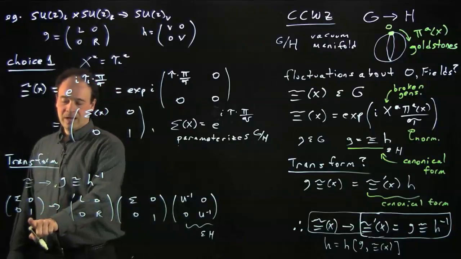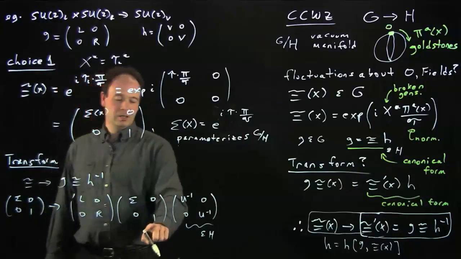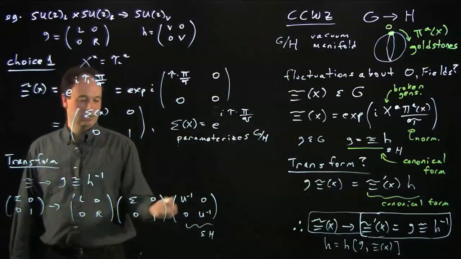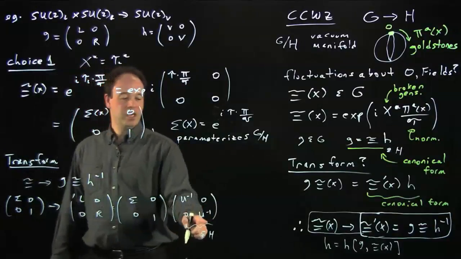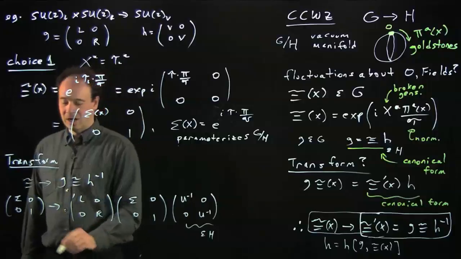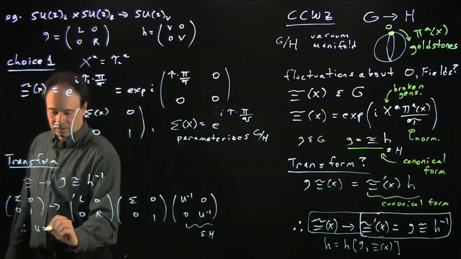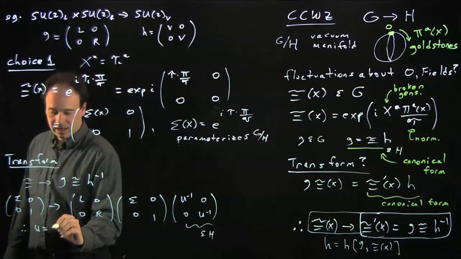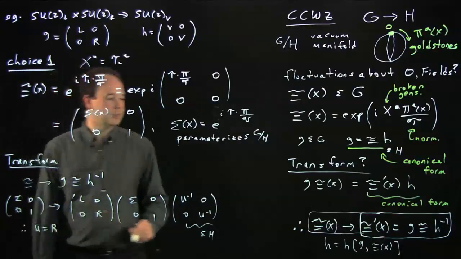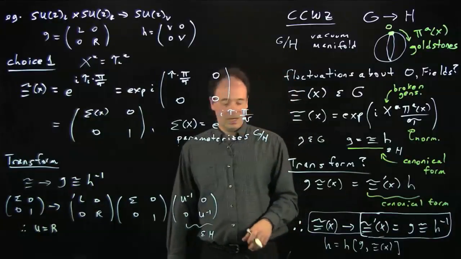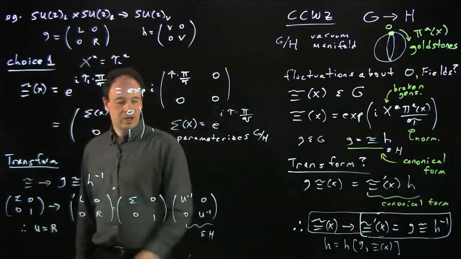And so the fact that 1 is equal to r times 1 times u inverse, and I want that not to have any non-trivial structure, tells me that I should pick u inverse times r to be 1, so therefore that u is just r. That's why I chose it to have this structure with the u inverse. OK? So u is just equal to r.